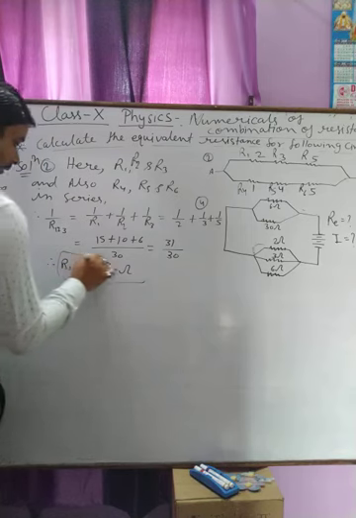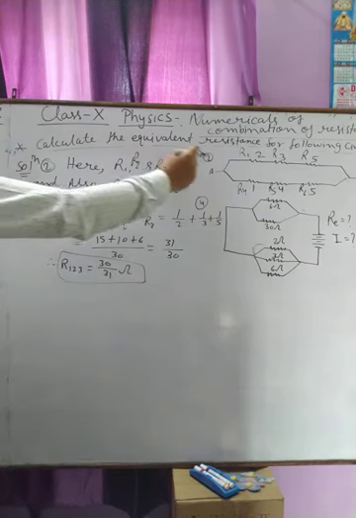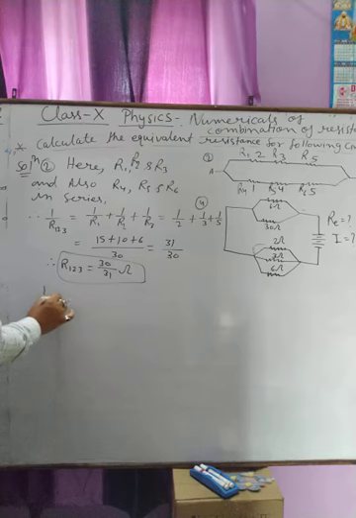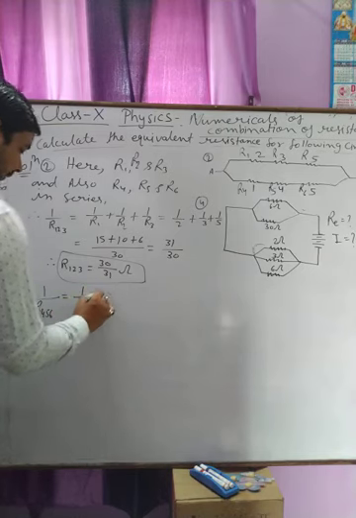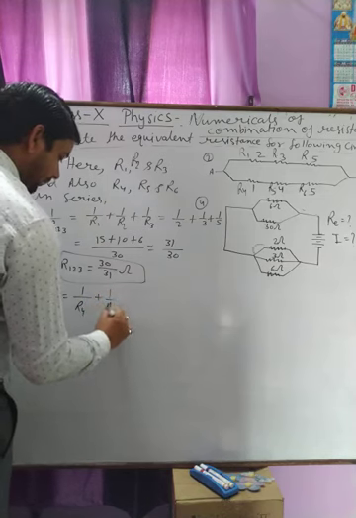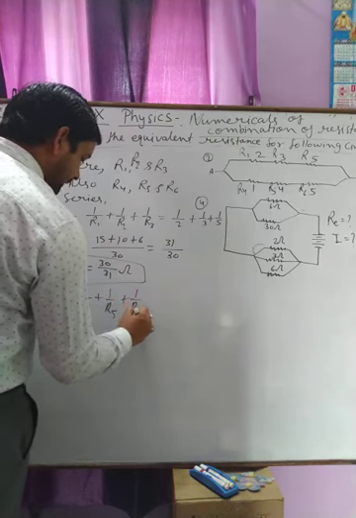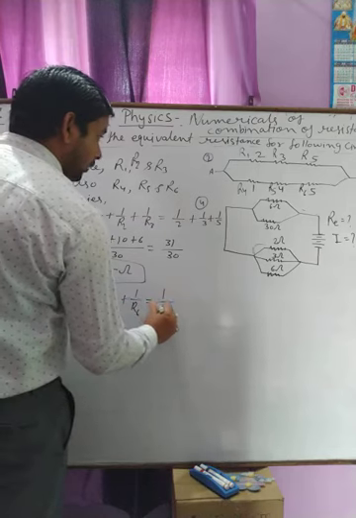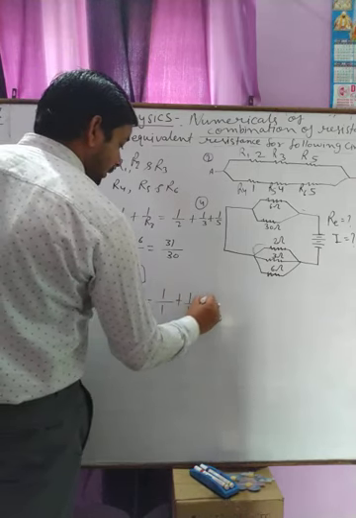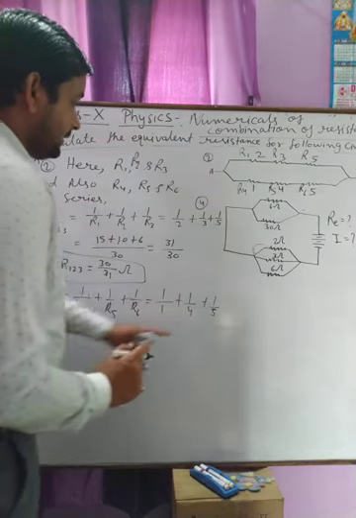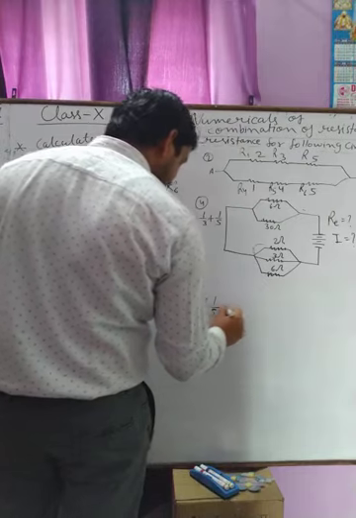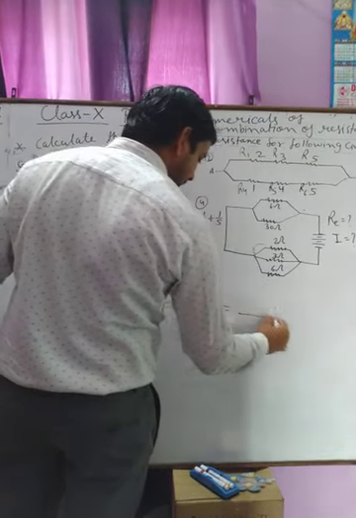This is the first solution, and now we go for R4, 5 and 6, that is 1 upon R4, 1 upon R5 and 1 upon R6. We get 1 upon 1, 1 upon 4 and 1 upon 5. Now the LCM is 20.